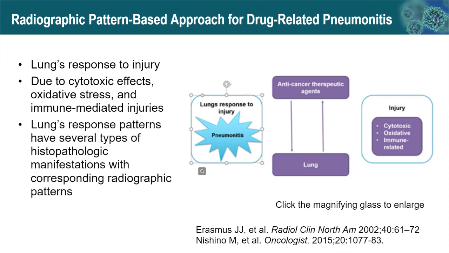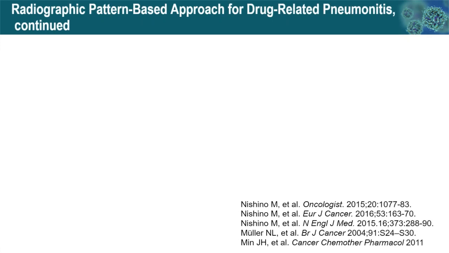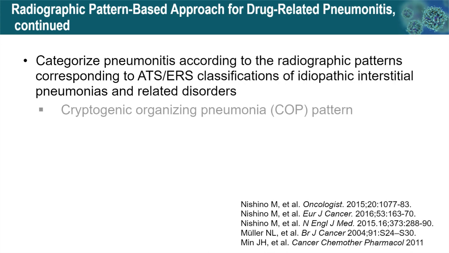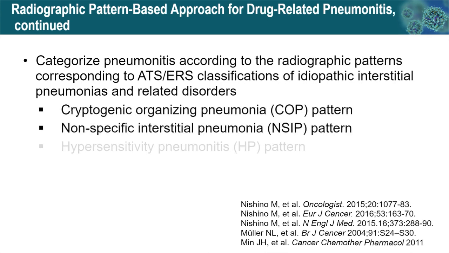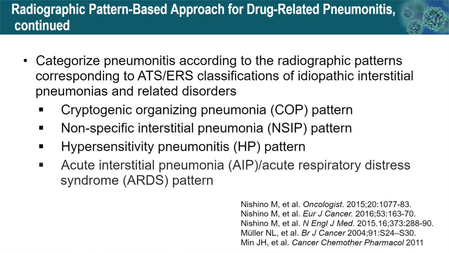And because this is a lung response to injury, the response patterns have several types of histopathologic manifestations that have corresponding radiographic patterns. And our prior work has shown that we are able to categorize pneumonitis according to the radiographic patterns corresponding to ATS-ERS classifications of idiopathic interstitial pneumonias and its related disorders as shown here.